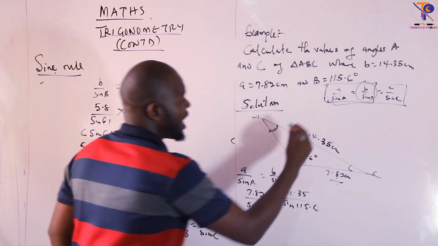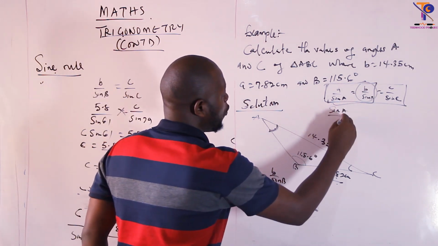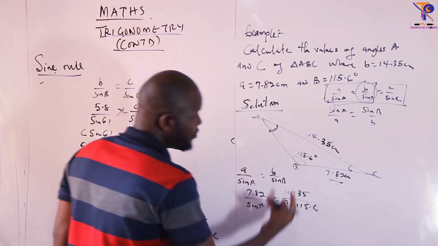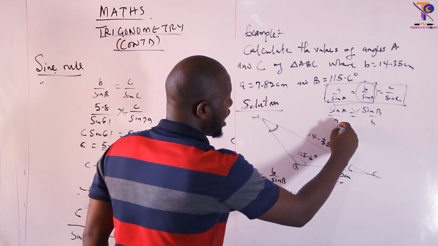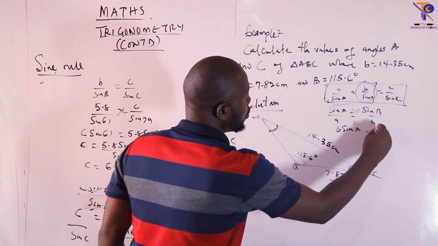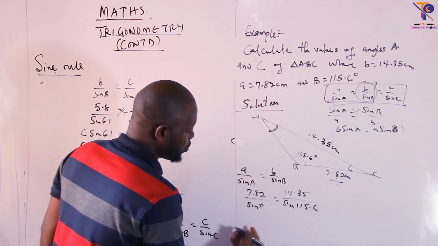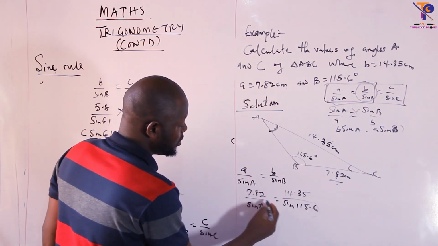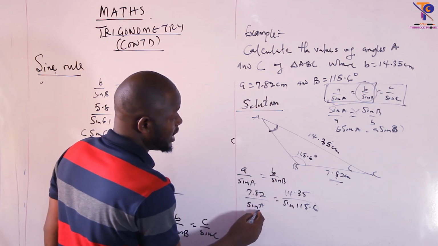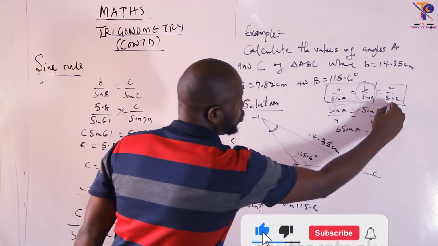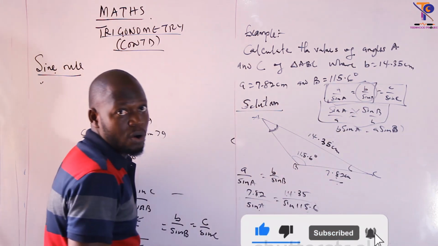Some actually decide to have sine A over a is equal to sine B over b. If we go by this, we cross multiply, we have b sine A is equal to a sine B. So here as well we'll have b sine A and a sine B, the same thing. I only wrote it this way, you can see this one in some other textbooks.